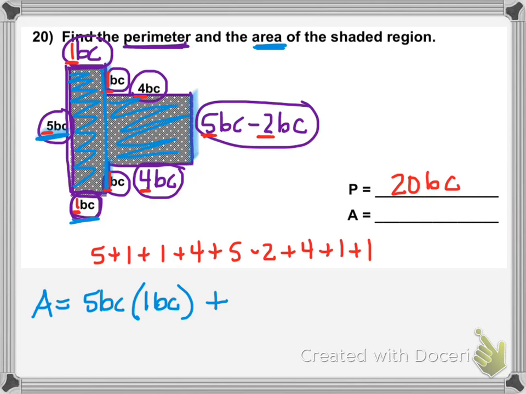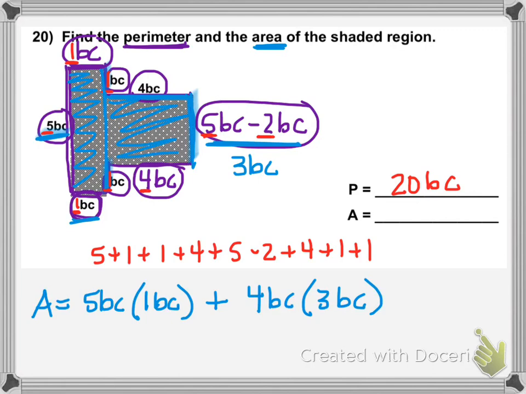Its length and width are 4BC, and this guy is this 5BC minus 2BC, which is really just 3BC. So it's 4BC times 3BC. We had an example kind of like this. We're going to multiply the two to find the areas, and then we'll add them together.